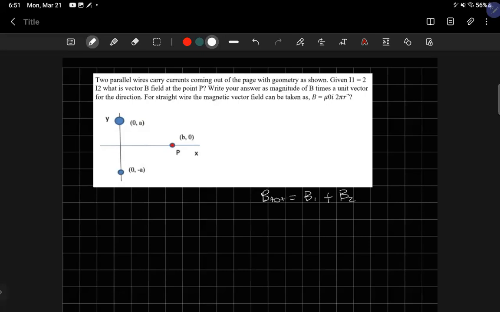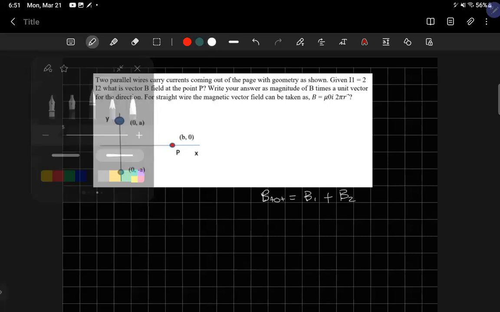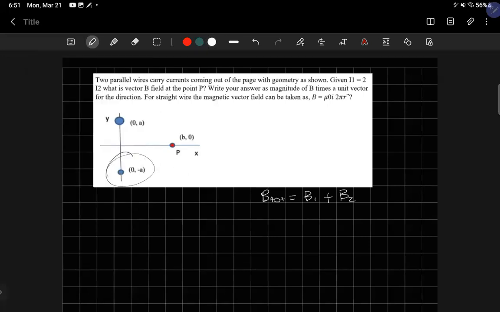And then it's a matter of which one is which. Let's go to black again. The wire is going to exert a field.